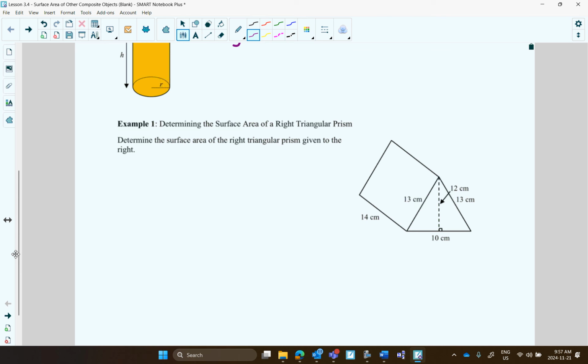Here we have a triangular prism. If I look at the triangle at the front, the base is 10, the height is 12, right? And then there's three rectangles, aren't there? There's one here, there's one here, and there's one at the bottom. Maybe it'd be better if I actually did this.